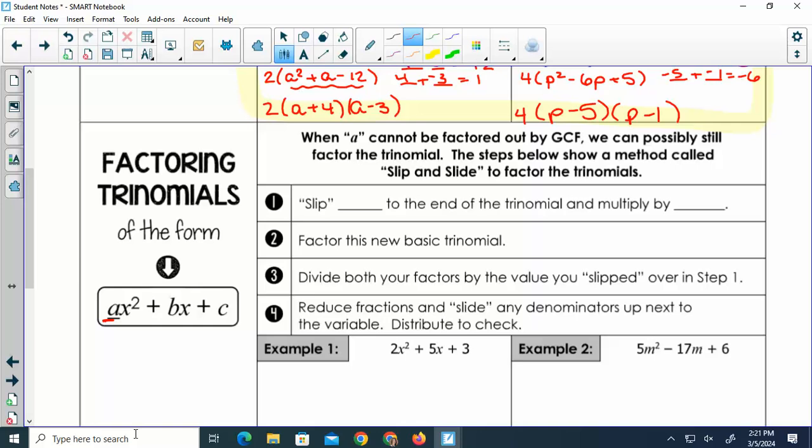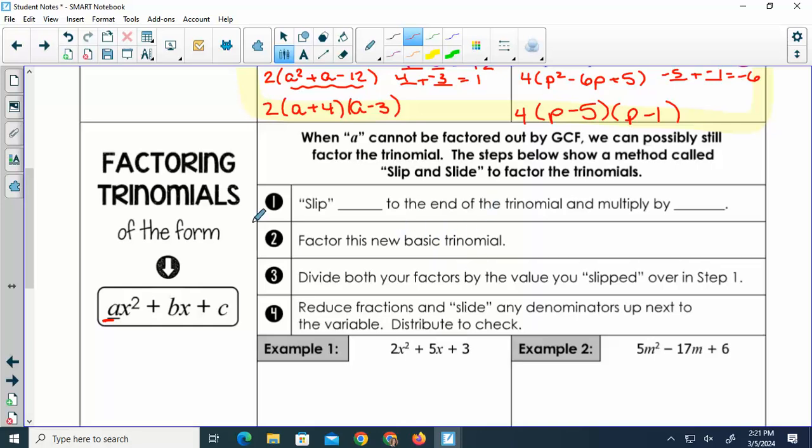But first of all, if I teach 4 different methods, that's just confusing. And second of all, I'm trying to stick with the method that is the most similar to what we have been doing. So I'm going to teach the slip and slide method. If that really confuses you and you don't catch on, I can show you other ways. But I think this will probably be the best so it's not totally different than how we've been working our problems so far.